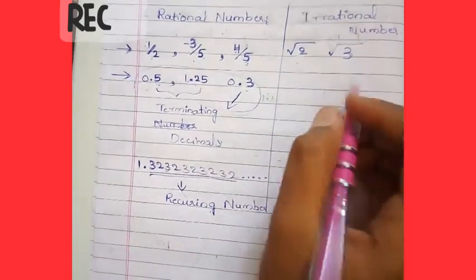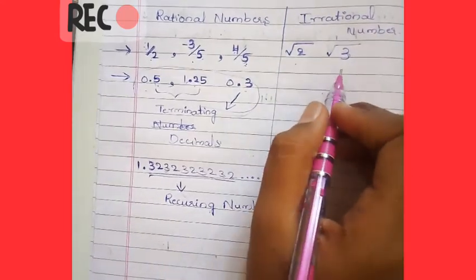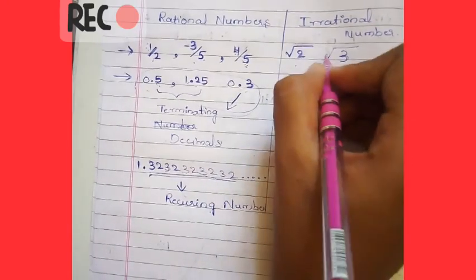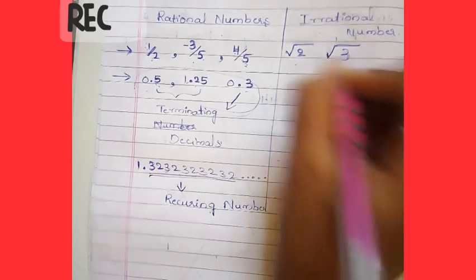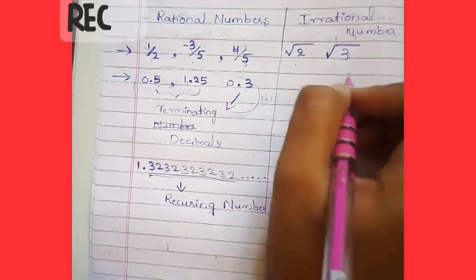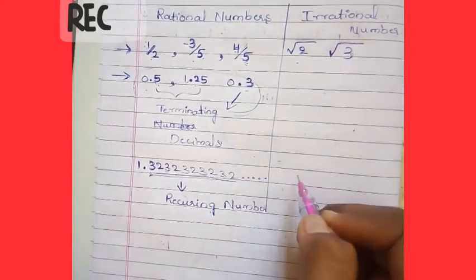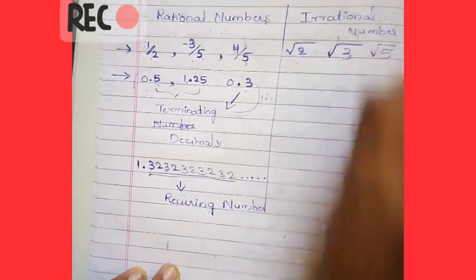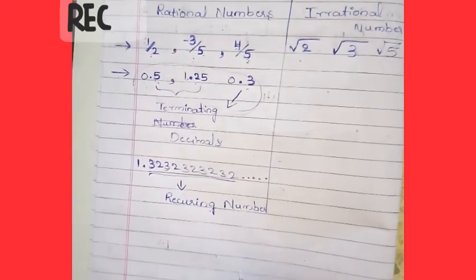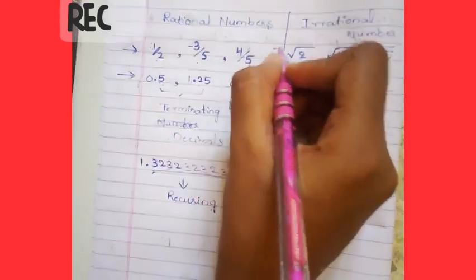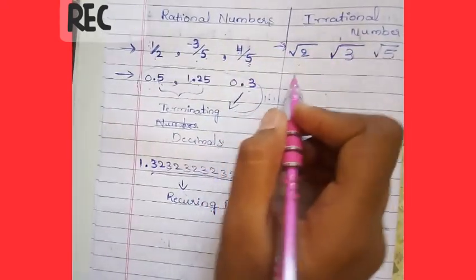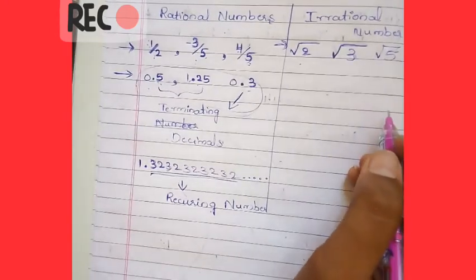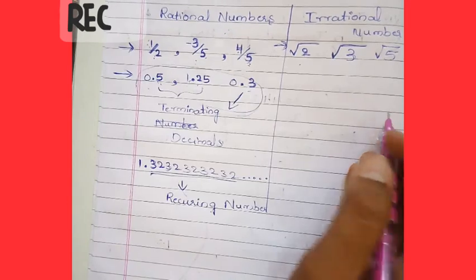Square root 3 also doesn't have a perfect square root. That means square root 3 is also irrational, and square root 5 is also an irrational number. So this has been proved that these are irrational numbers.